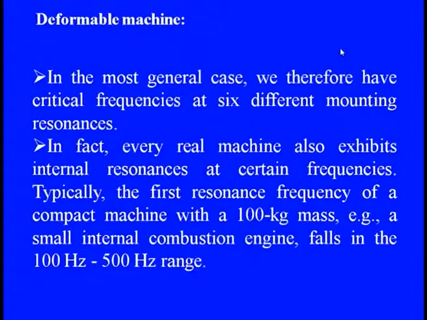So if you are saying that the first resonant frequency of the machine, with say 100 kilogram, as we have considered in the previous diagram, if the entire IC engine is falling from 100 hertz to 500 hertz range, then you see how exactly the deformable machine is playing.